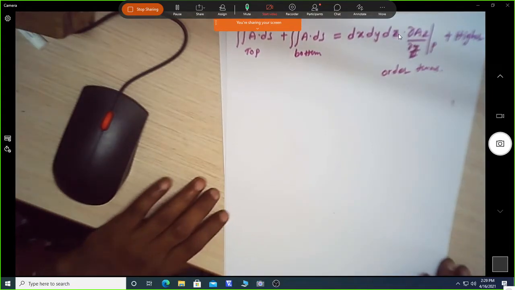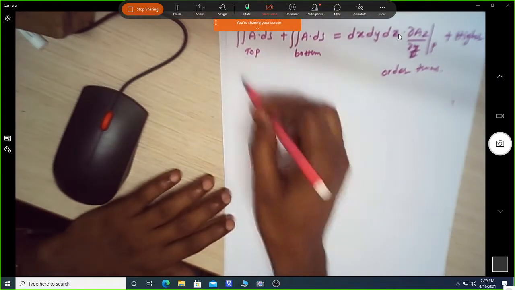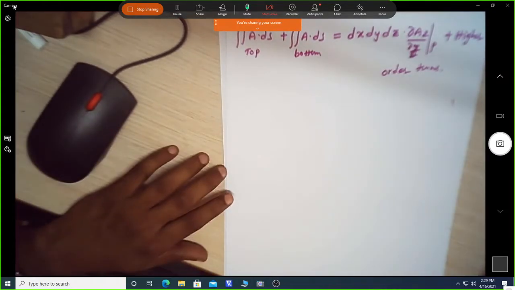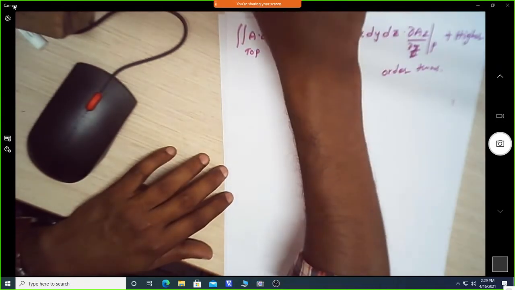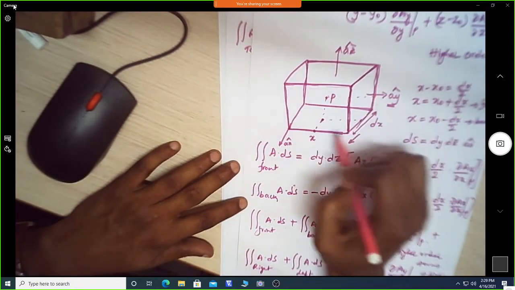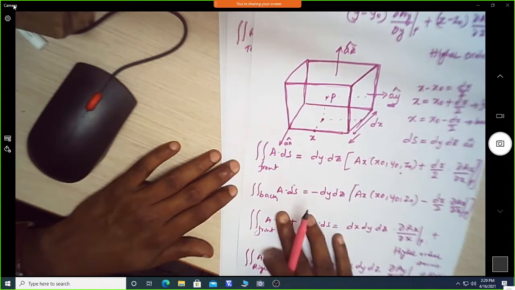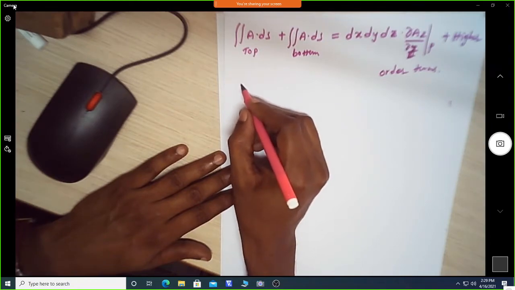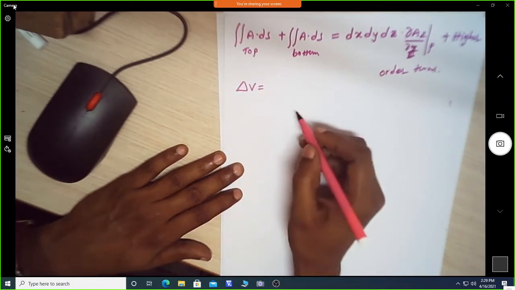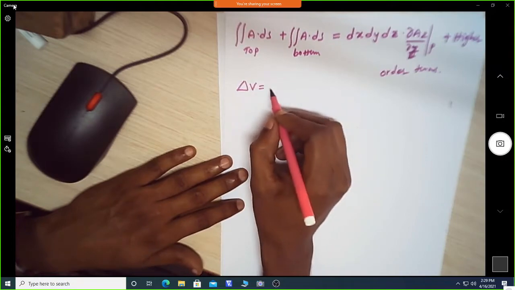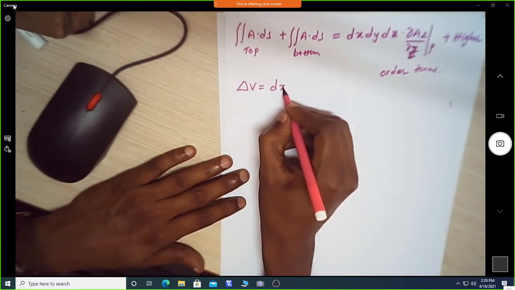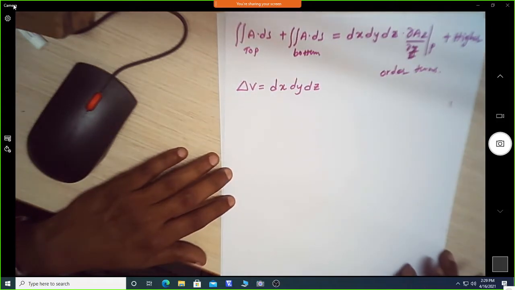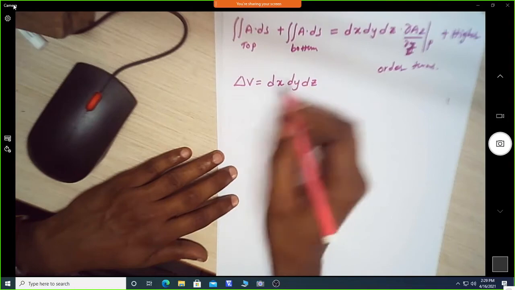Now if I add all these things, you will get the total A dot ds, that is the total surface integral. If I take all these surfaces, it will become a closed volume, del V. The volume can be defined as dx dy dz.